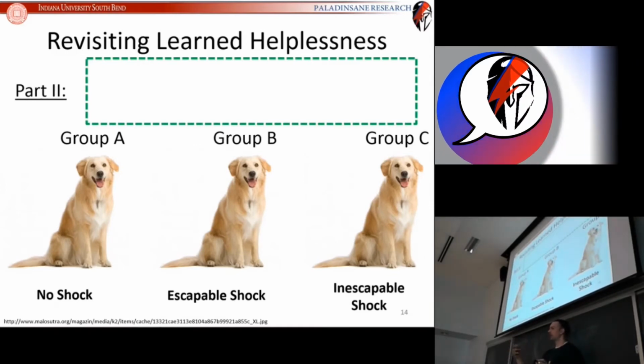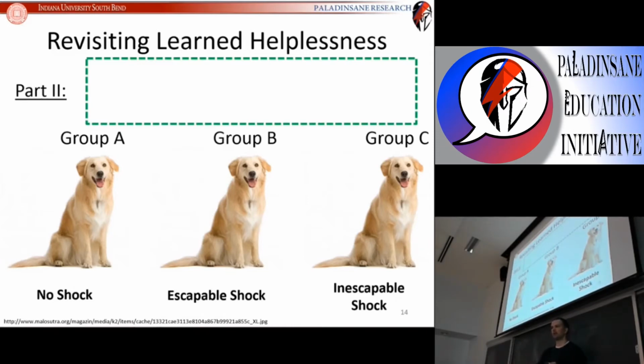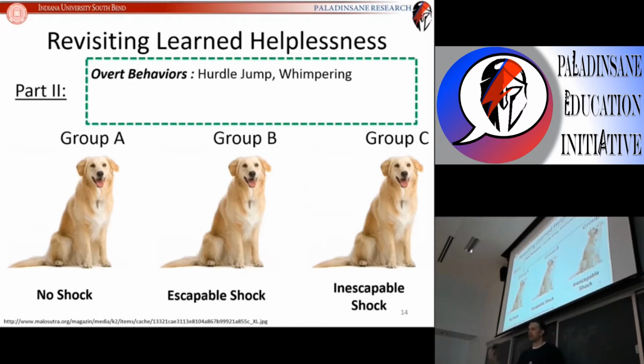So not jumping, I would argue, would be like the status quo amount, and then anything changing on that. So stuff like lying down might be an overt behavior that you could see. Definitely whimpering. Seligman also mentioned they had depressive-like symptoms, so they started to move slower. There was a decrease in their energy output.